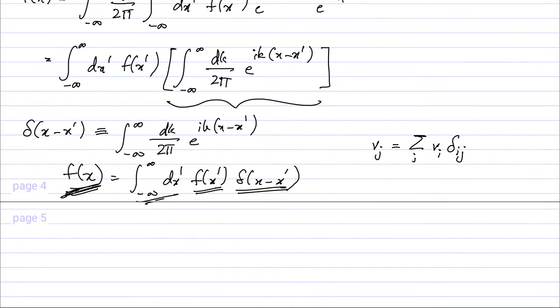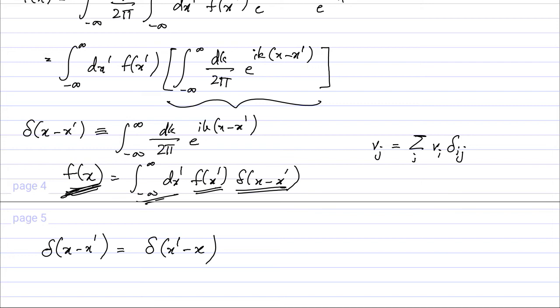Let's investigate some other properties of this delta function. First of all, from the definition, it should be obvious that this is an even function. You can check that this is true. All you need to do is define k prime equal to minus k, and you'll get that.